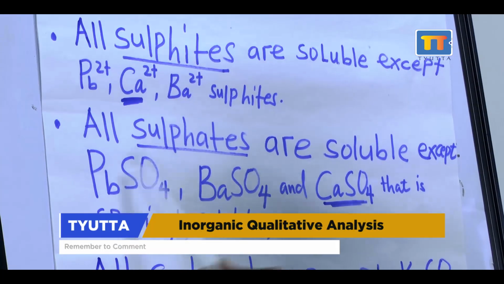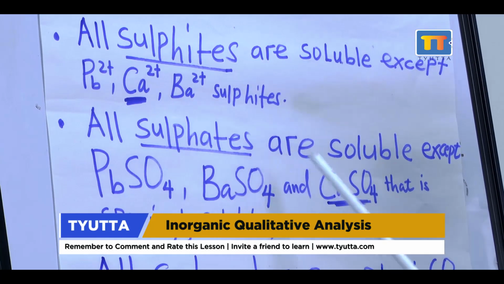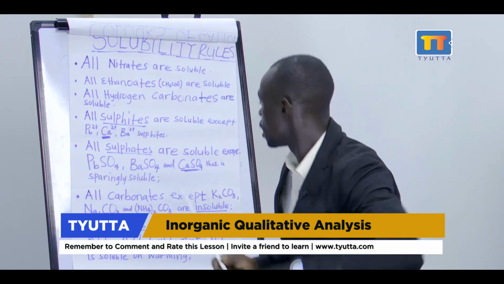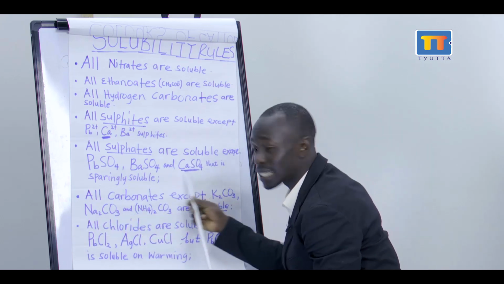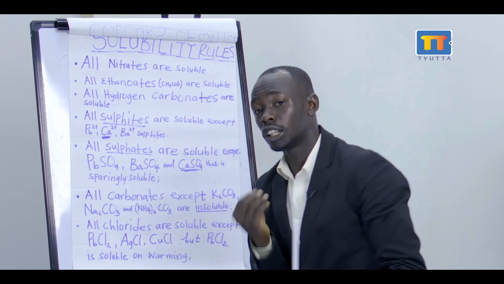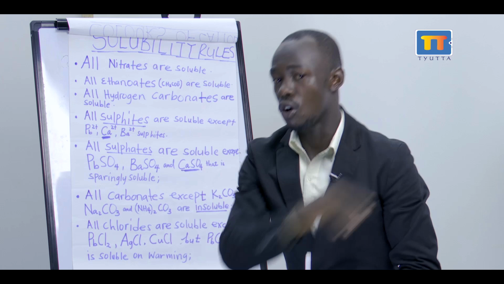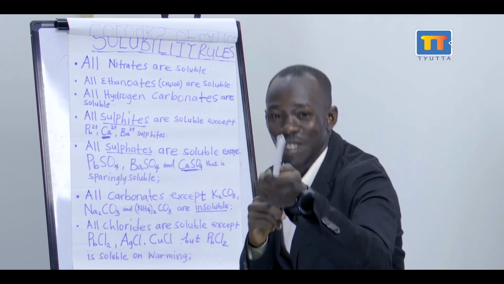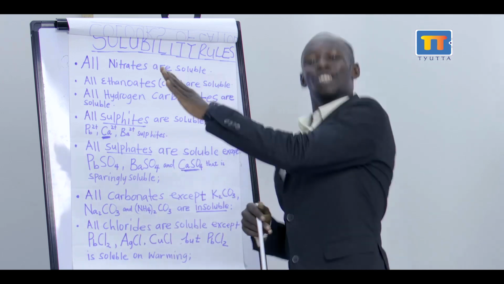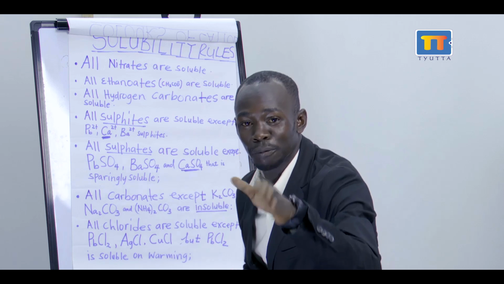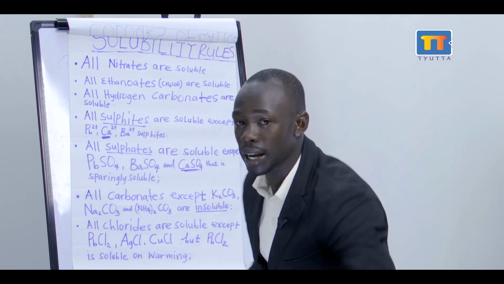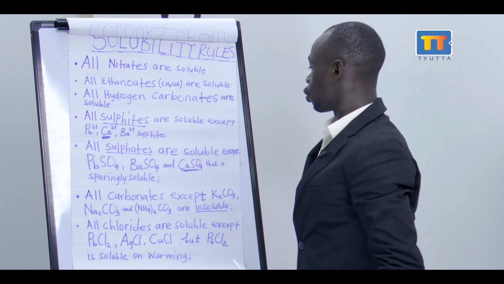Lead 2 sulfate, barium sulfate, and calcium sulfate, these 3 are also insoluble. However, calcium sulfate, which I have just underlined here, is sparingly soluble. When we go back to our physical chemistry, we shall explain the meaning of sparingly soluble. We shall get to understand this.